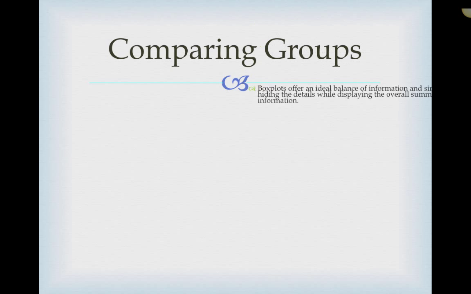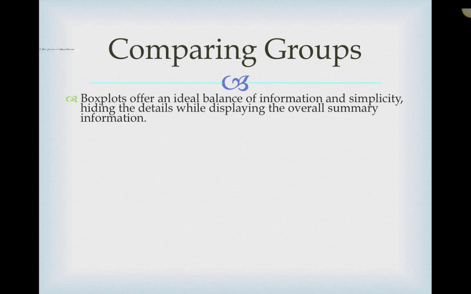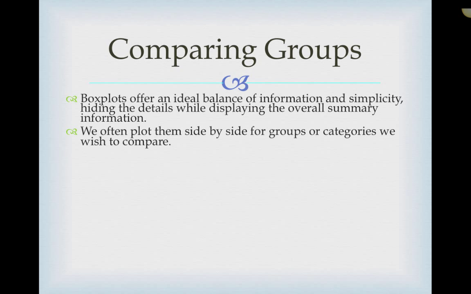When comparing groups, it's often easier to use box plots than histograms because box plots we keep side by side on the same scale, so we can easily compare their centers and their spreads and look for commonalities and differences in their shapes and in outliers. Whereas in histograms, the histograms have to be kept separate.